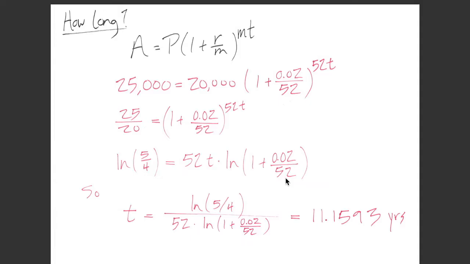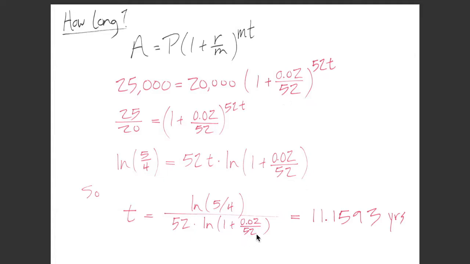And now I can solve that for t, essentially by just dividing. I divide by 52 times this natural log of 1 plus 0.02 over 52, and I get t is the natural log of 5/4 divided by the whole quantity, 52 times the natural log of 1 plus 0.02 over 52.